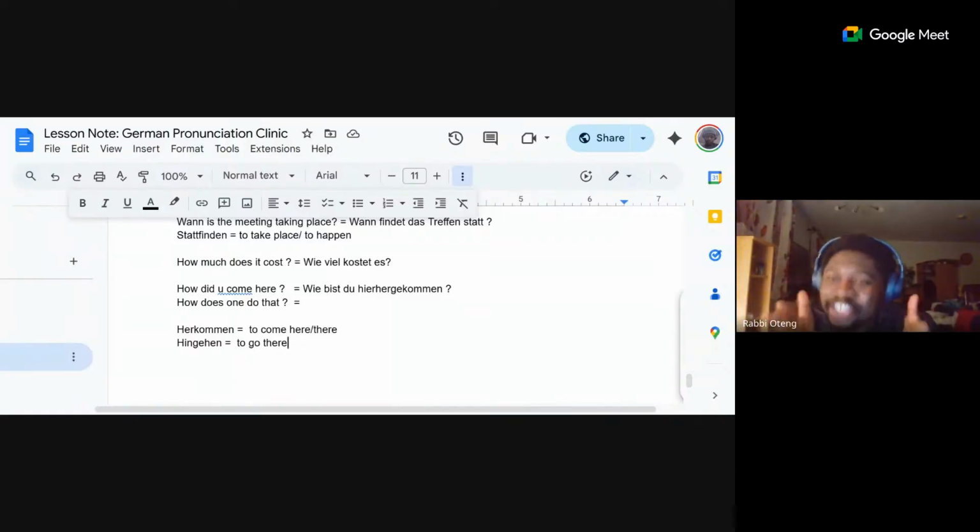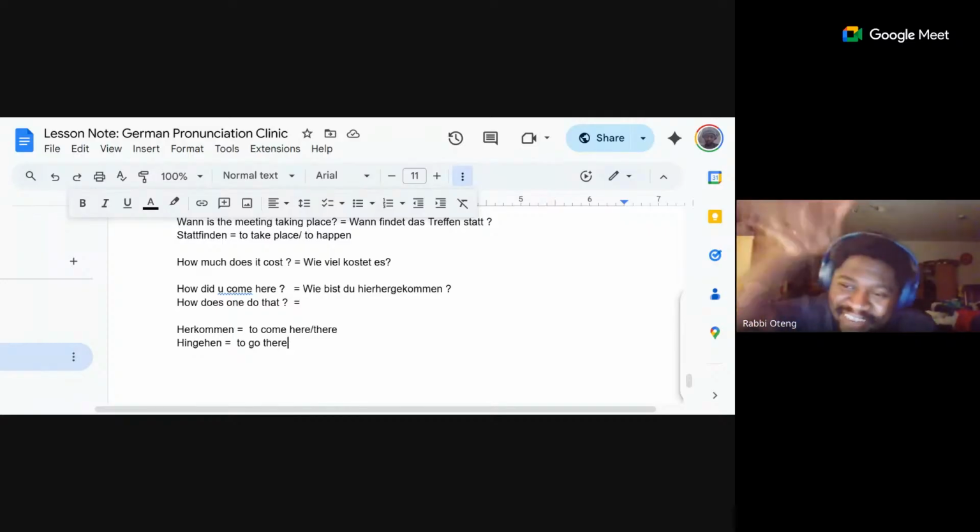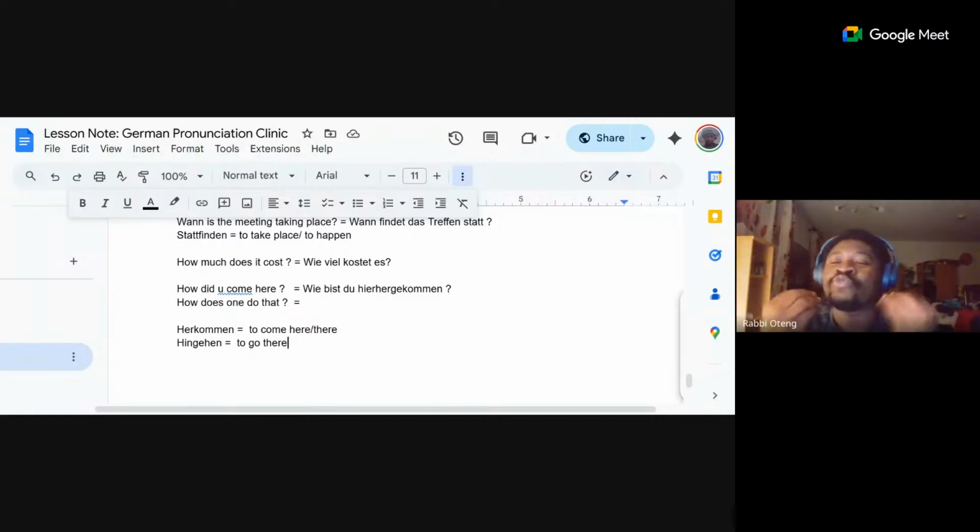I'm saying, in normal German, how will you go? "Hin" is towards a place. The actual Germans wouldn't say "hinkommen". They say "herkommen" to come here or "hingehen" to go there.